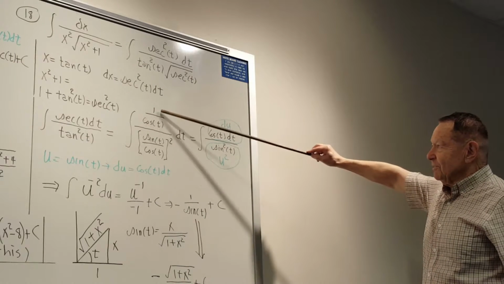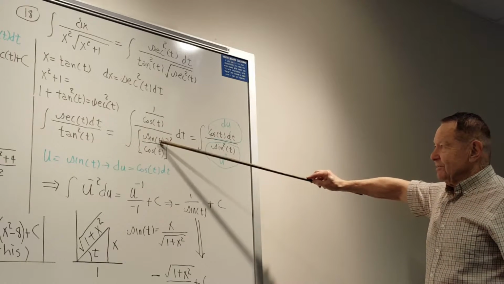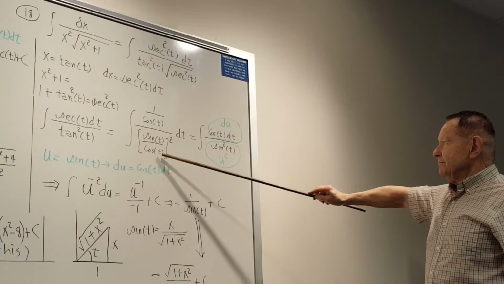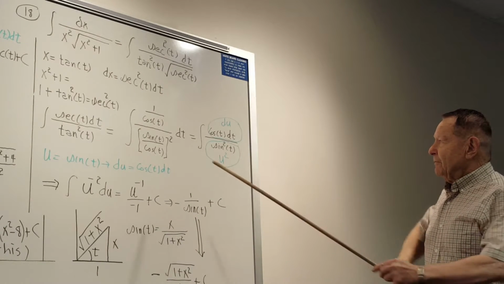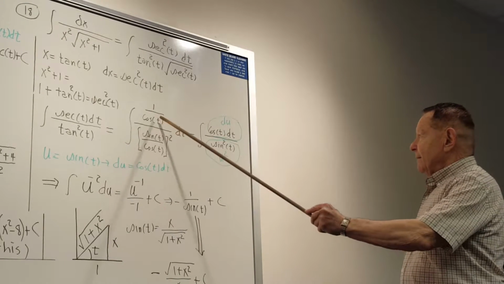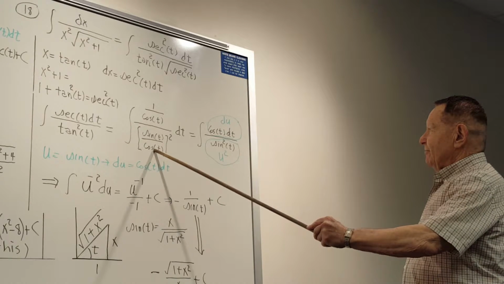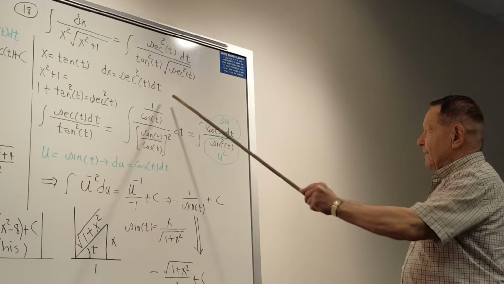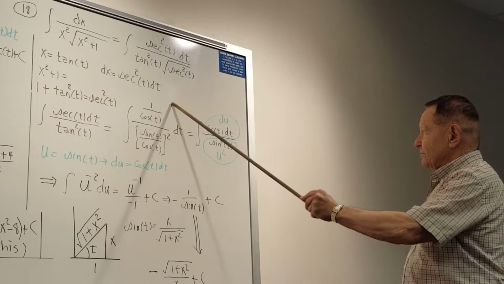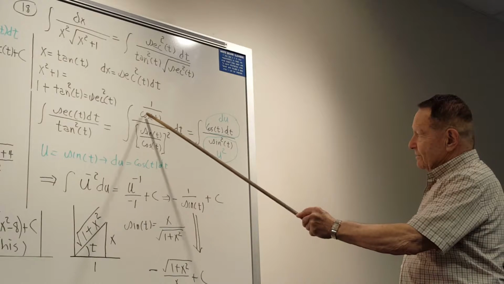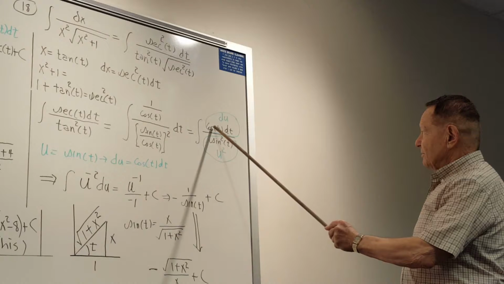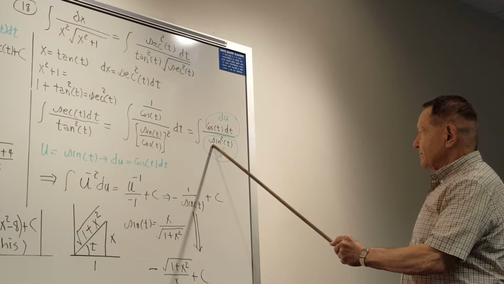So secant is 1 over cosine and tangent is sine over cosine. So then you can invert and multiply, and you see what you're going to have is 1 over cosine times cosine squared over sine squared. So this cosine will cancel one of these, and you'll have cosine over sine squared.